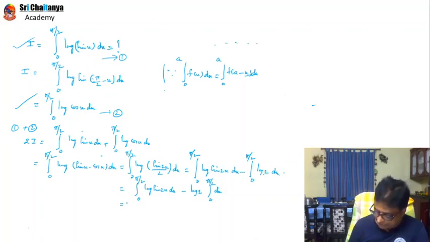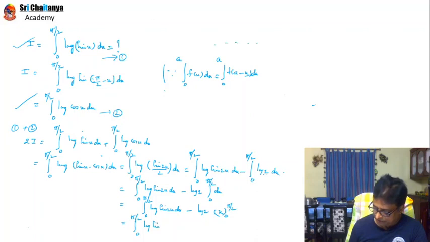After substitution of upper and lower limits in x, this is log sin 2x dx minus log 2 times x under limits 0 to pi by 2, and after simplification we can write it as integration 0 to pi by 2 log sin 2x dx minus pi by 2 log 2. You call this equation number 3.